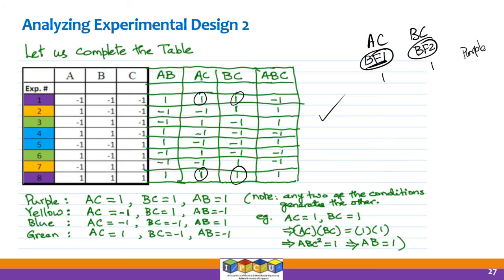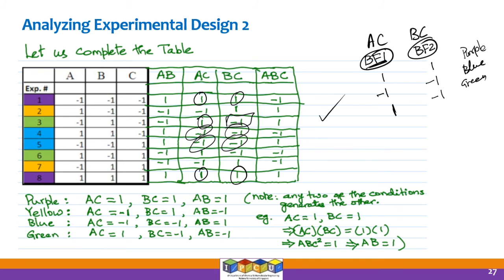If AC is equal to -1 and BC is equal to -1, you get blue. And when AC is equal to +1 and BC is equal to -1, you're going to get green.